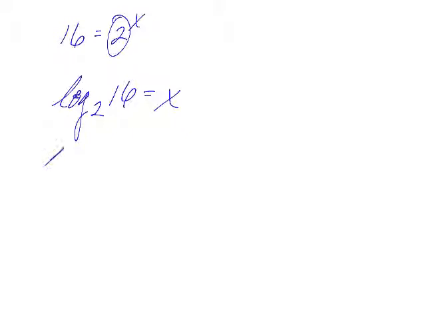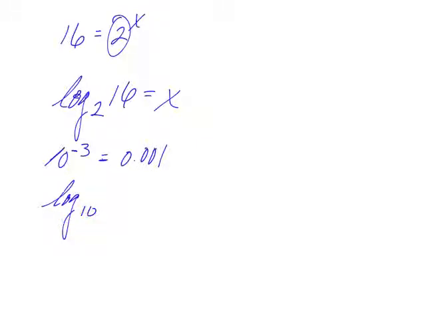If I have 10 to the minus 3 equals 0.001, and I want to write it in logarithmic form, I write my base, which is 10. And by the way, whenever the base is 10, you don't even have to write it.